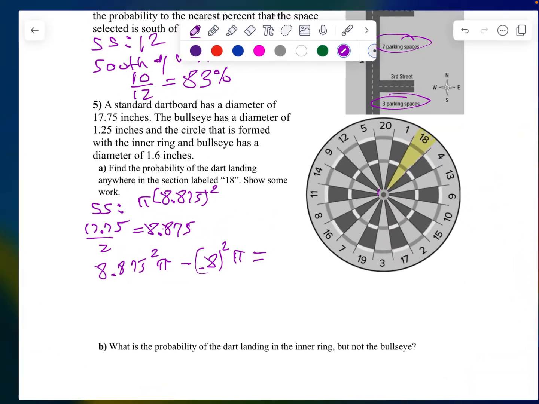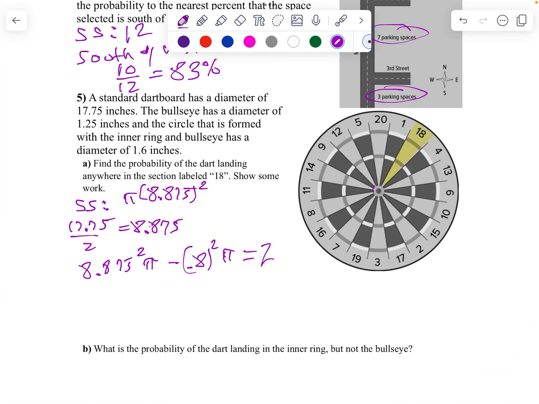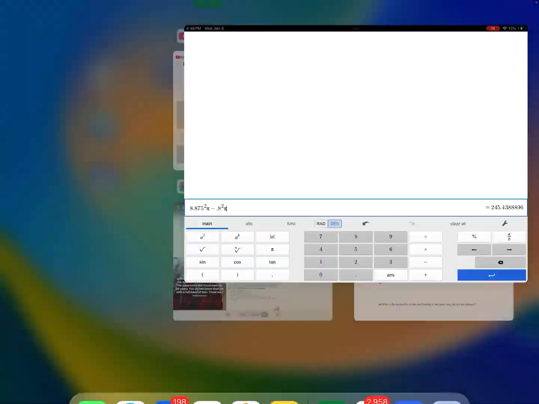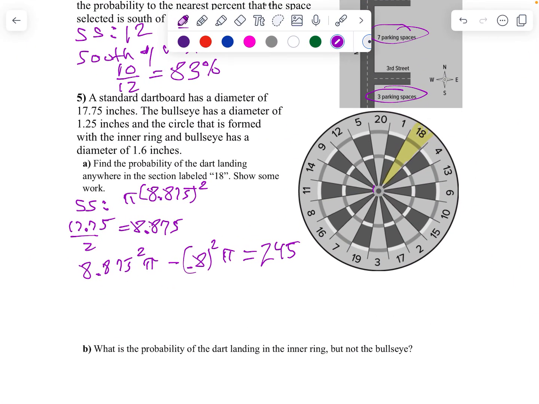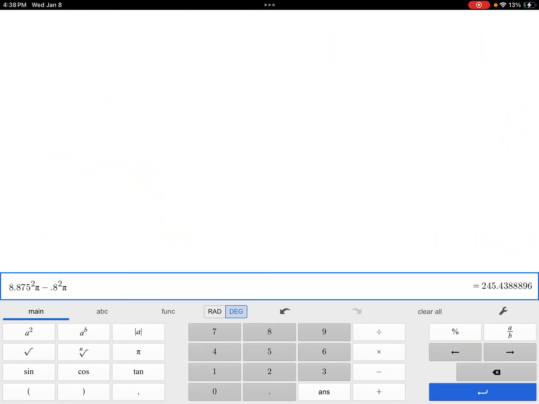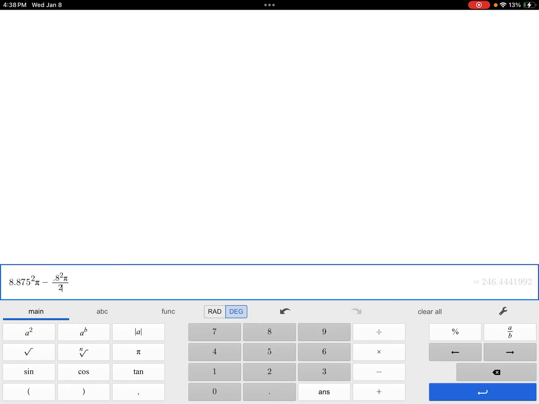So in other words, it's about 245. I'm going to keep 245 in my calculator, but I'm just going to write 245 down here for now. Okay, now, there are 20 sections, aren't there? So my favorable outcome, the part with 18, is going to be 1/20 of 245. So I'll take this answer and I'll divide it by 20.